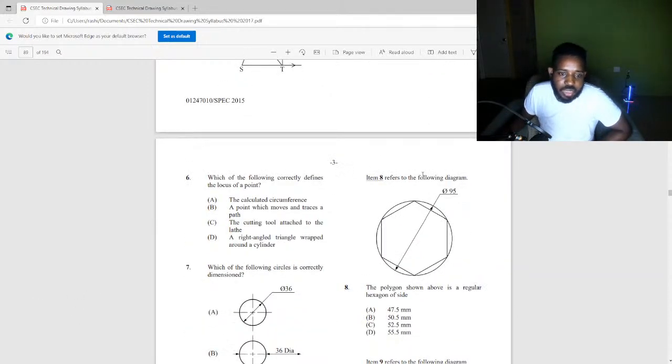Number 6 says this. Which of the following correctly defines the locus of a point? Is it the calculated circumference, a point which moves and traces a path, the cutting tool attached to the lathe, or a right angled triangle wrapped around a cylinder?